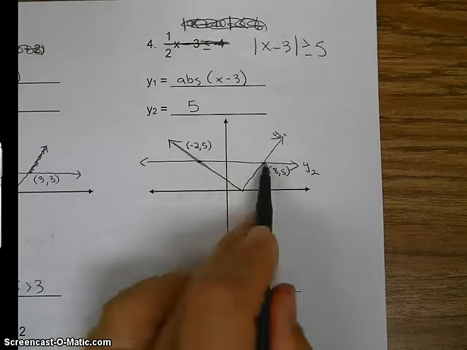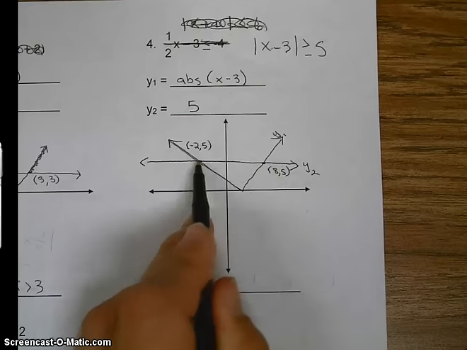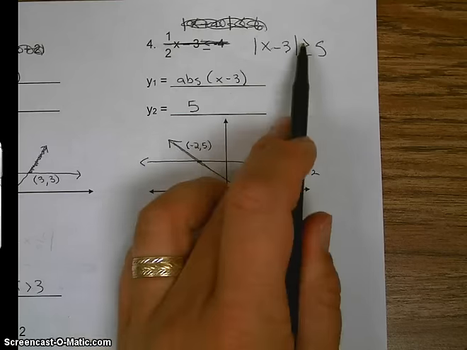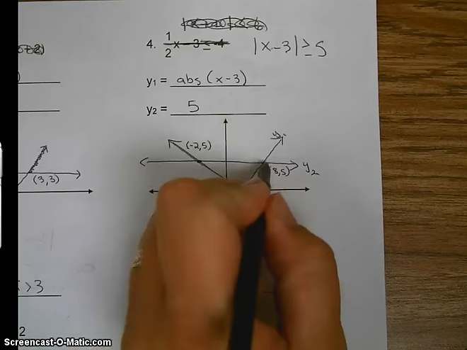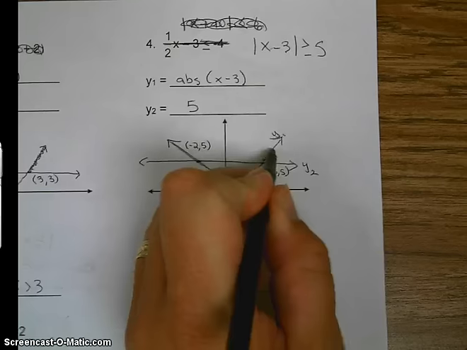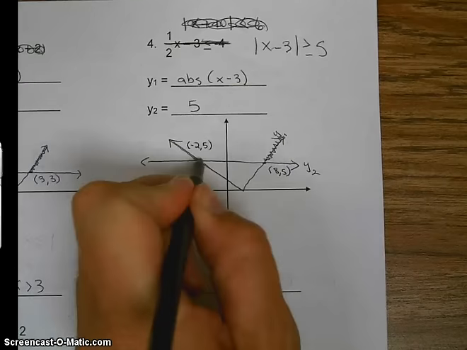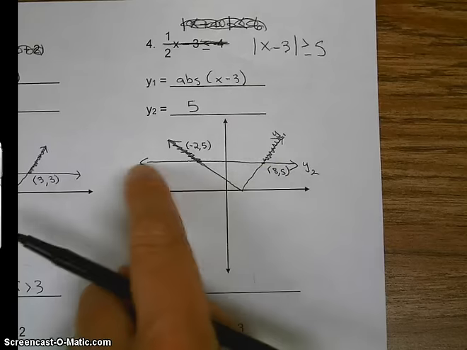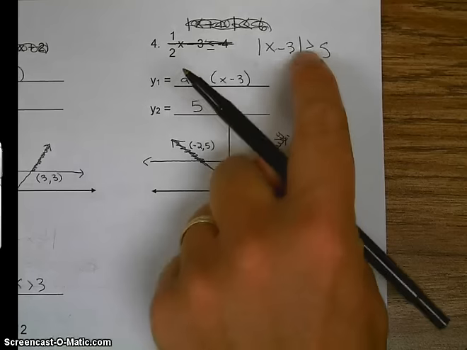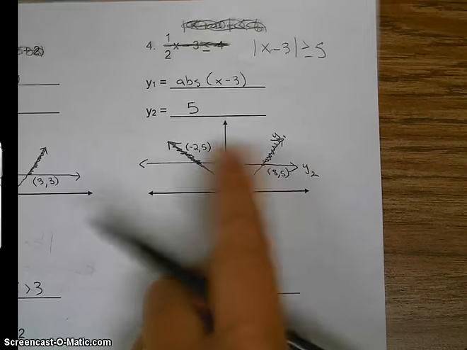Found my points of intersection. Now it says that the absolute value function is greater than or equal to 5. So greater than is going to be here and here, above this line. It says right here greater than 5, so that would be above.